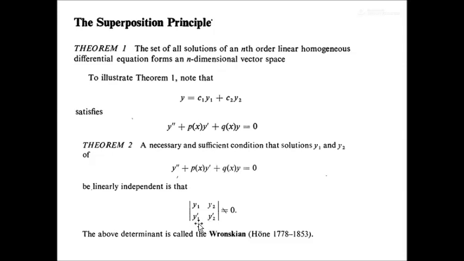That is, the differentiation of y1 and y2 must exist. If this is not 0, then y1 and y2 are called linearly independent, and this determinant is called the Wronskian.